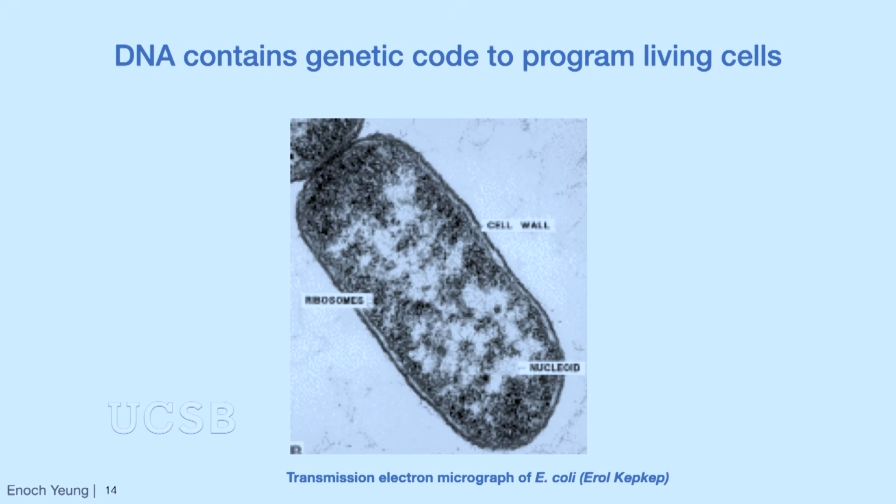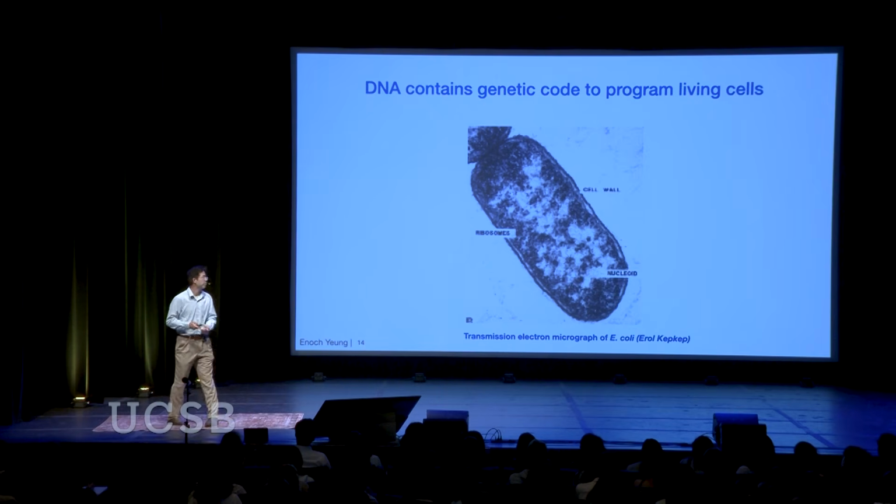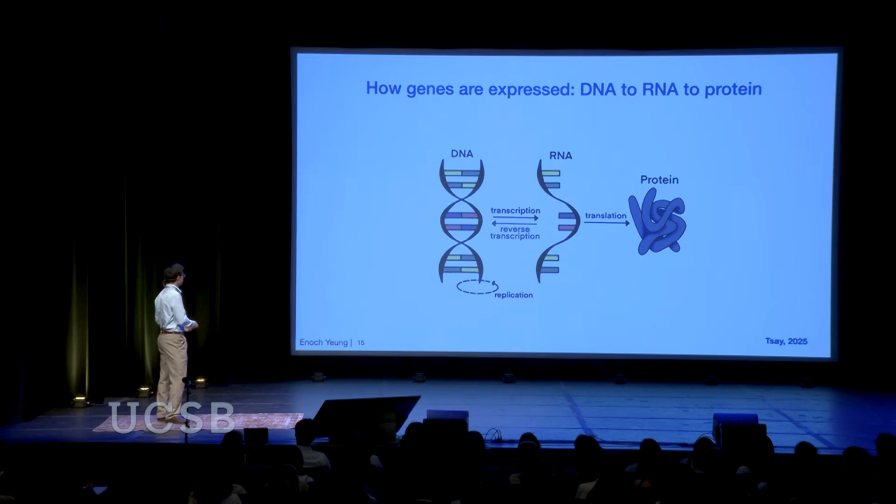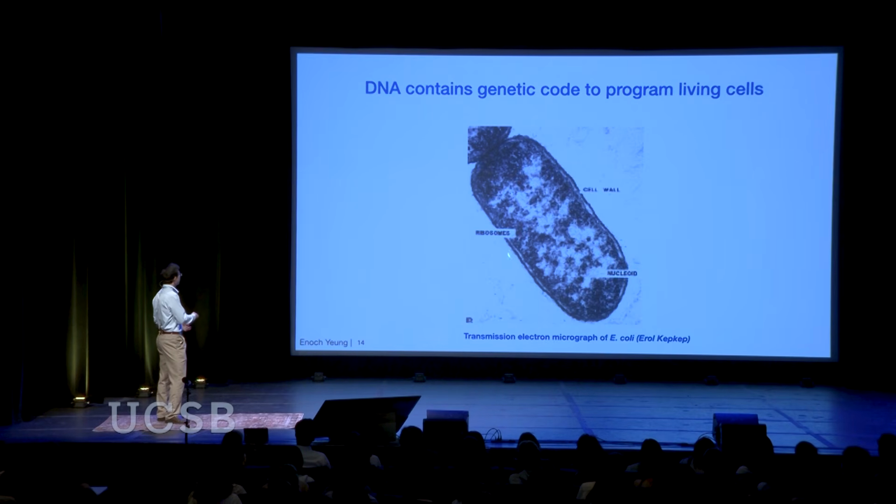Continuing on, like I said, our lab studies genetic code in bacteria. And this is a picture right here, a transmission electron micrograph of E. coli. And what you can see here is compacted nucleoid DNA.